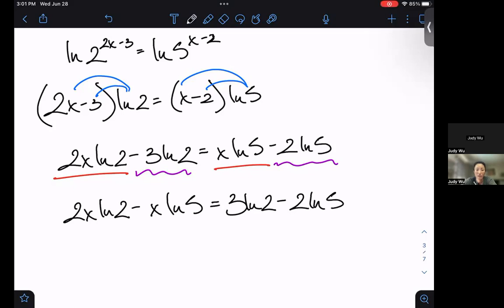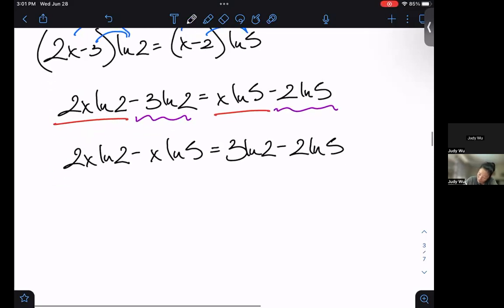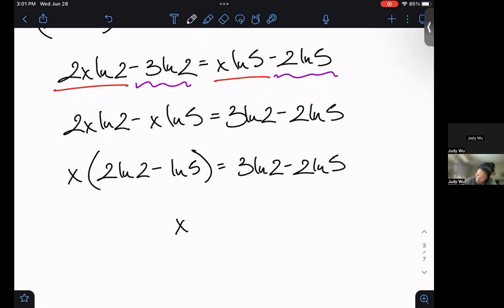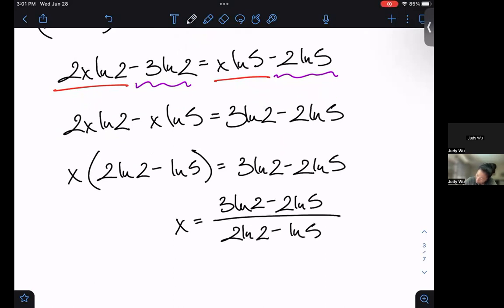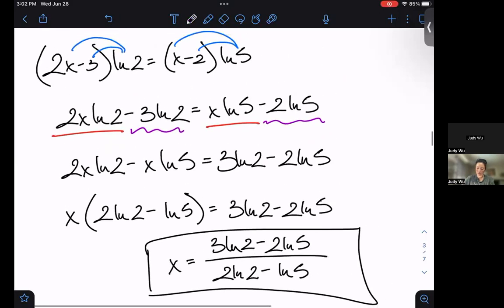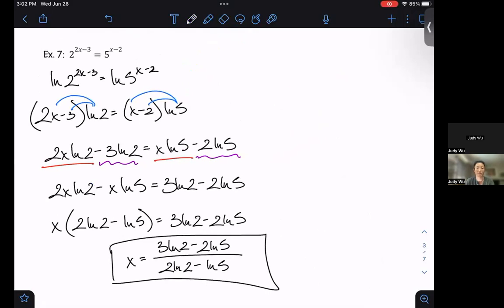All right, we've clumped on both sides, and now I can factor out the x. And I can go ahead and divide to solve for x. And here, my friends, is our exact solution for number 7.